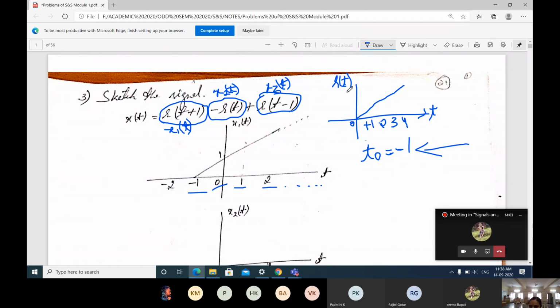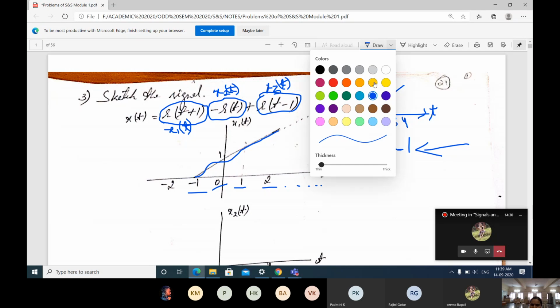So the whole ramp signal is just shifted towards the negative side by 1 position. The same signal is taken and drawn here. This is the t plus 1 signal.